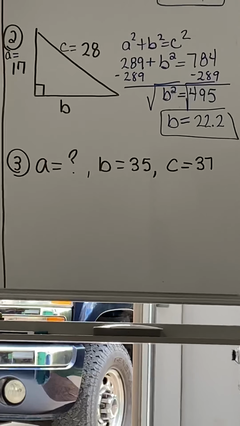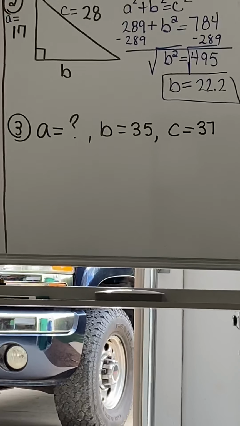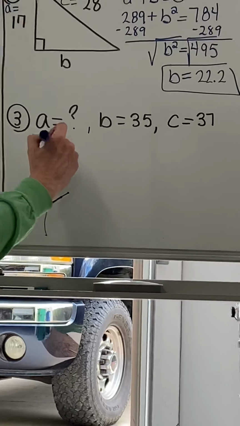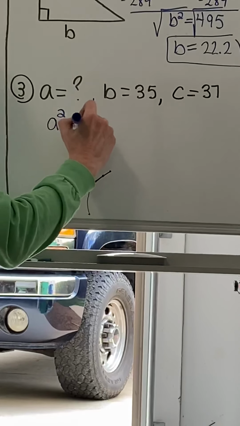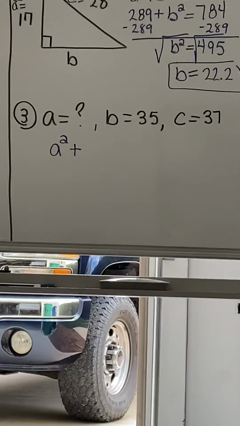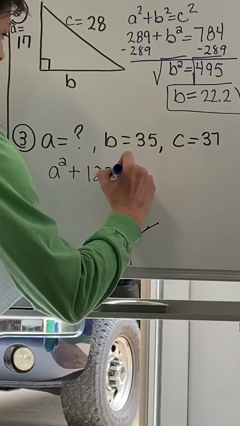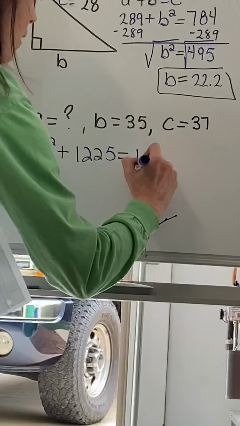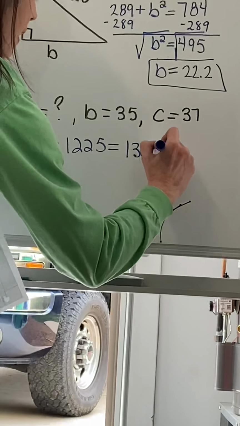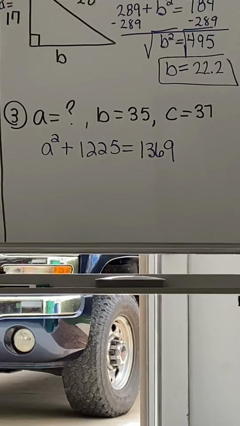Okay, last one is kind of like the example we had on this side where you don't actually have a triangle, you just have the variables represented. So A squared plus B squared is C squared. I don't know what A squared is. B is 35. 35 squared is 1,225, and 37 squared is 1,369. I'm solving for one of my legs, so I'm going to have to subtract.